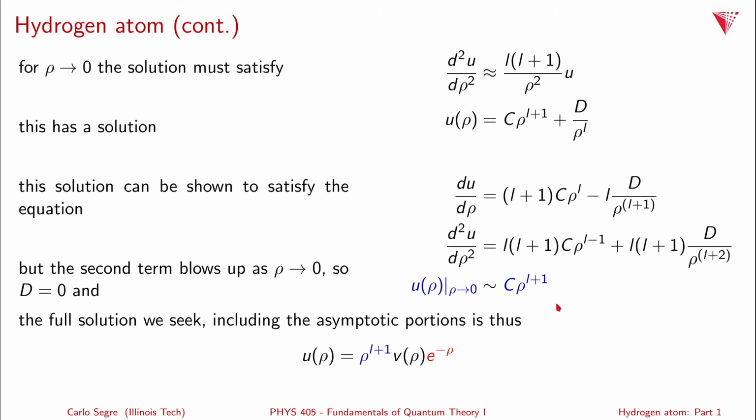The asymptotic portions are sandwiching some function in the middle, which makes sure that the two functions and the derivatives match up all the way through. The solution then is U of rho is equal to rho to the L plus 1, V of rho, e to the minus rho, where V of rho is now a polynomial in rho.